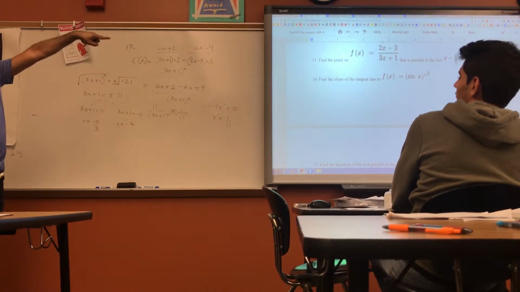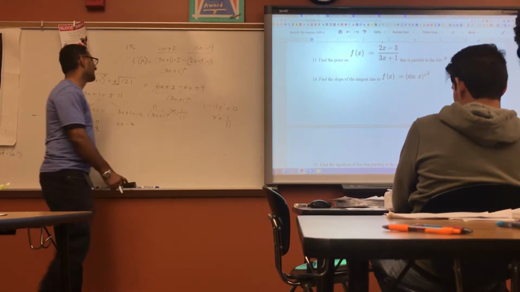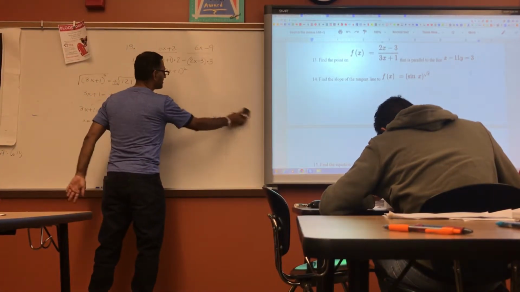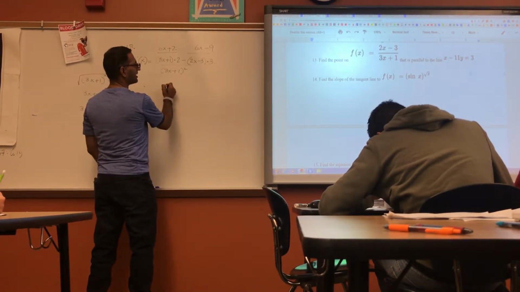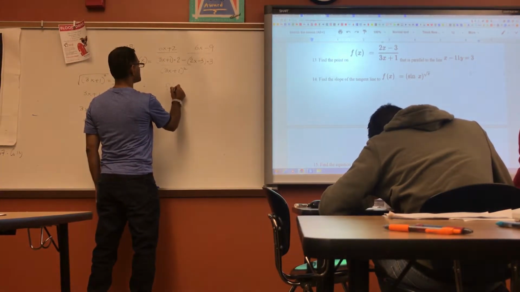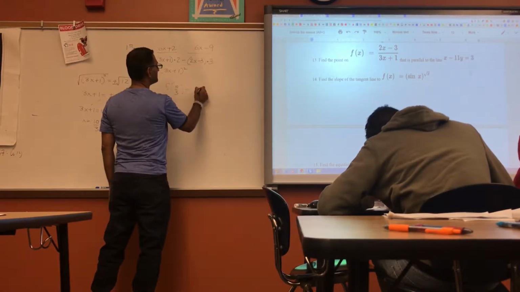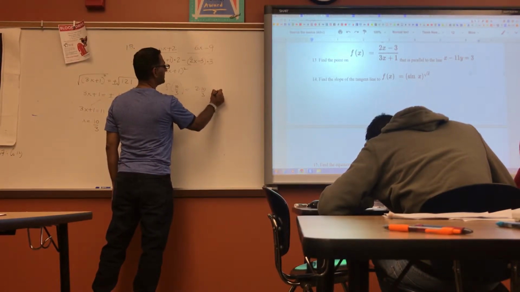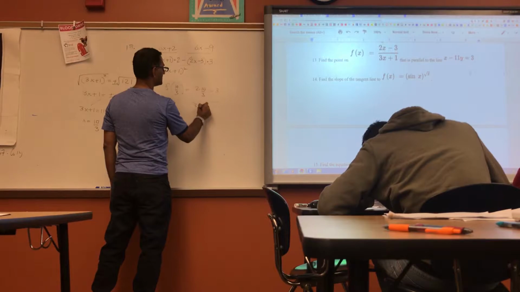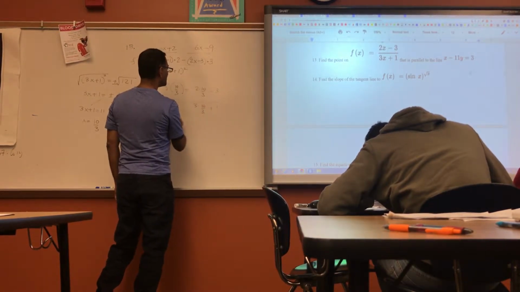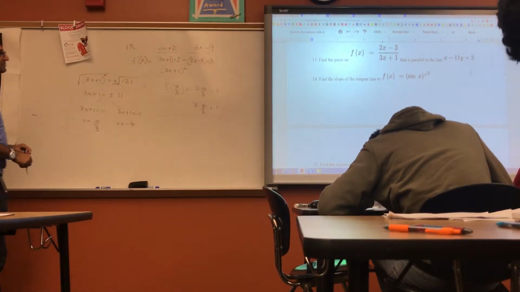Should we plug those in? Because it says find the point. Okay, let's. I'll do the fraction guy, you guys do the other one. But we'll do the fraction one together. F of 10 thirds, which is 2 times 10 thirds minus 3 over 3 times 10 thirds plus 1. Use the fraction trick, simplify.